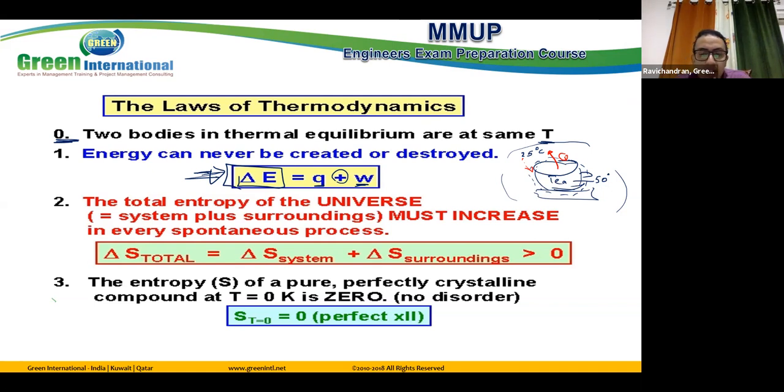It's not ideal. So this randomness is described in the form of entropy. If you go from state 1 to state 2, we have an energy change due to heat and work, but also entropy.